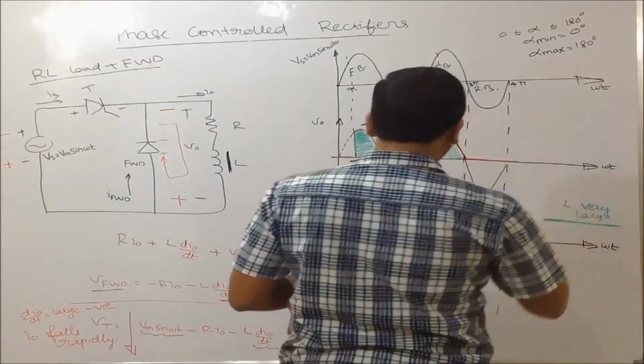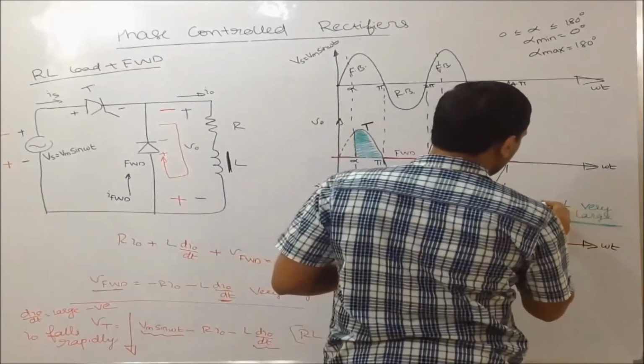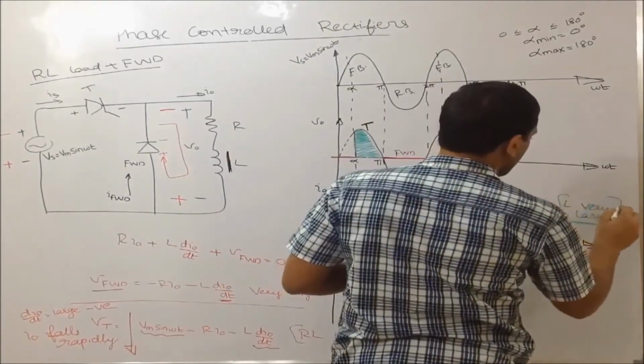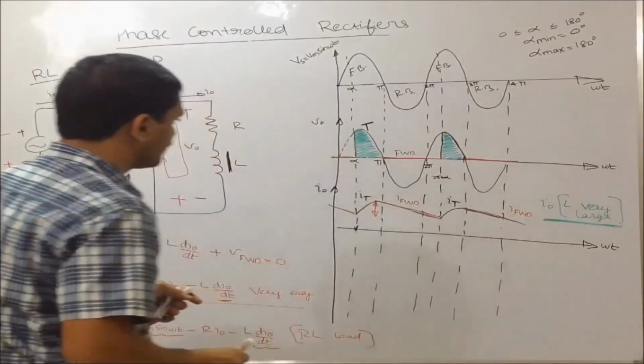If L is very large, this becomes my I0. It is more or less constant.